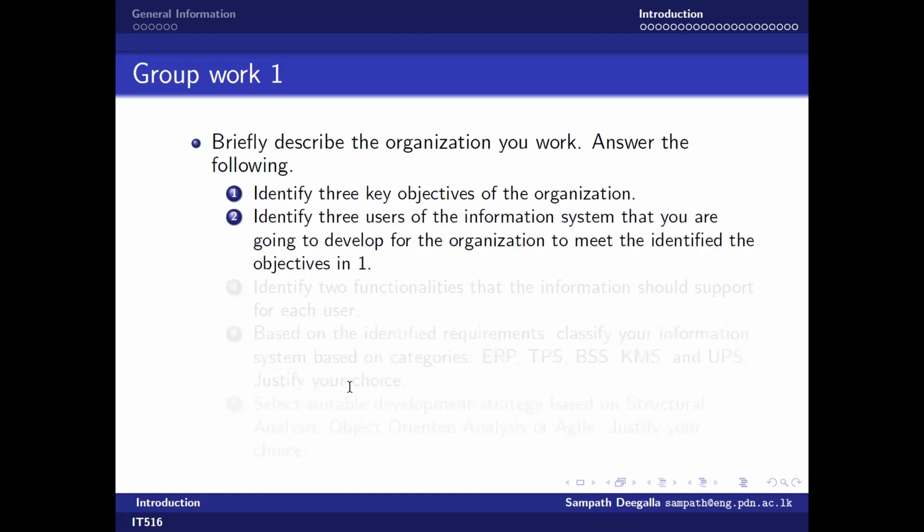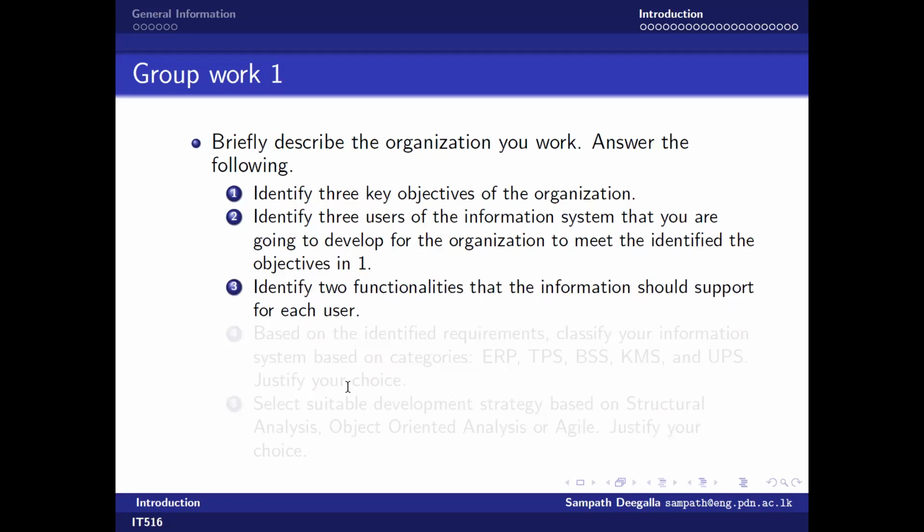Second, identify 3 users in the organization, because as I told you, depending on the different types of users, your information requirements are different. So first identify a set of objectives of the organization, then identify 3 different types of users, and then identify 2 functionalities that information should support for each user.